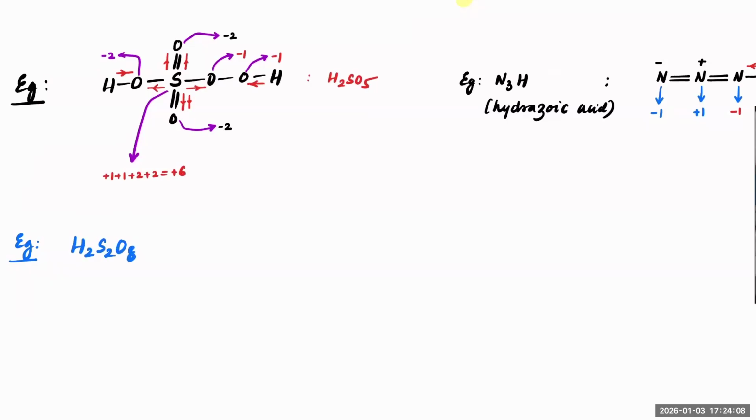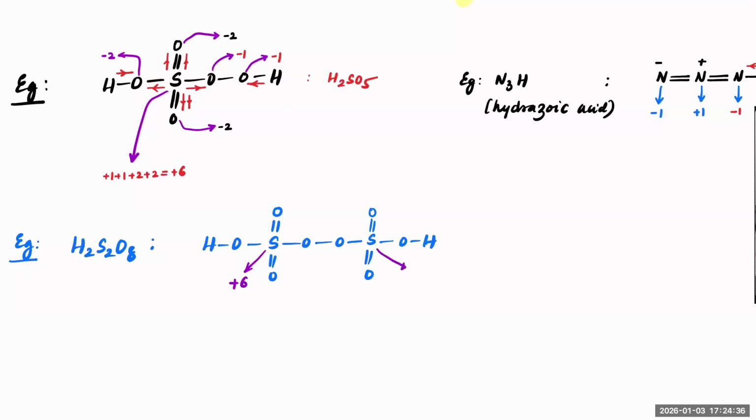H2S2O8, which is on very similar lines to this one. So here we have HO, sulfur, double bond O, double bond O, O, O, then sulfur, double bond O, double bond O, and OH. So I'm directly writing the oxidation state. You just check out whether the gain and loss is correct or not. Here there is huge loss of electrons.